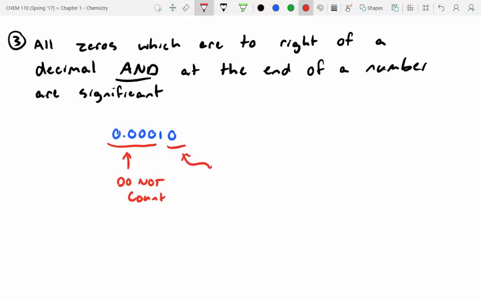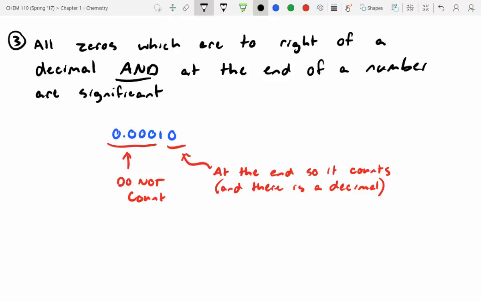However, this is at the end. And there is a decimal. So it counts. You do have to be aware of that decimal. If there's no decimal, the rules change a little bit.